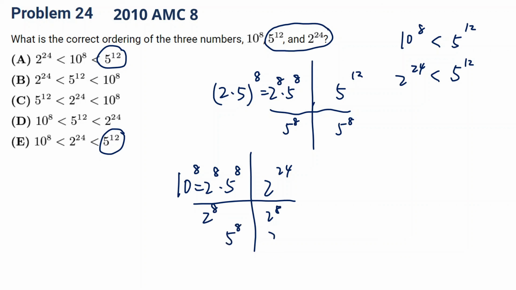The second one is left with 2 power of 16. Then how to compare these two? Yeah, same idea. 2 power of 16 is 4 power of 8. Again, same power, the base 5 is bigger. That means 10 power of 8 is greater than 2 power of 24. So 2 power of 24 will be the smallest.